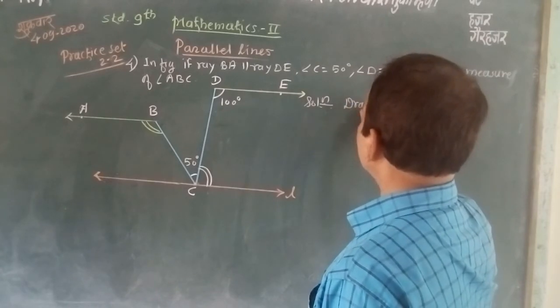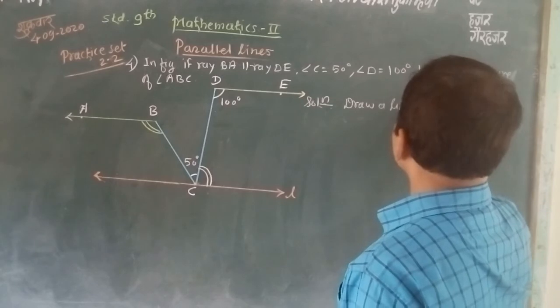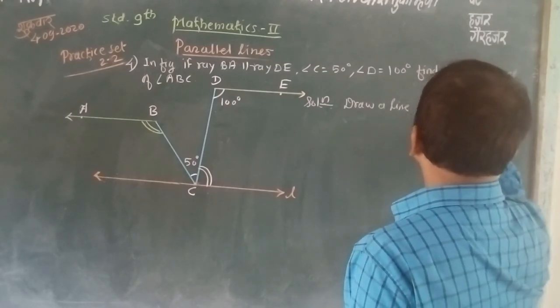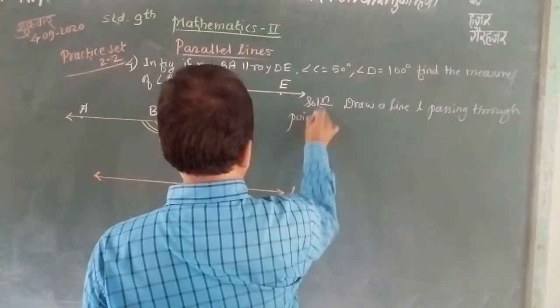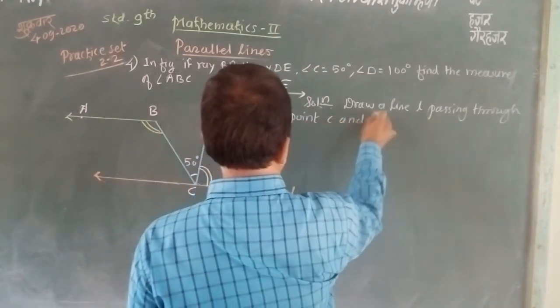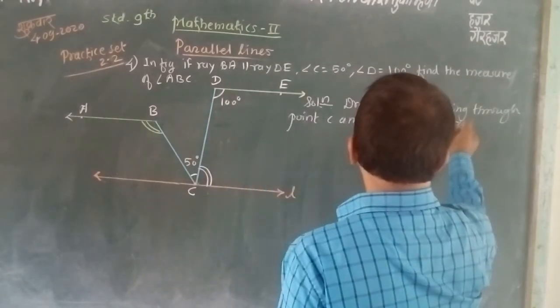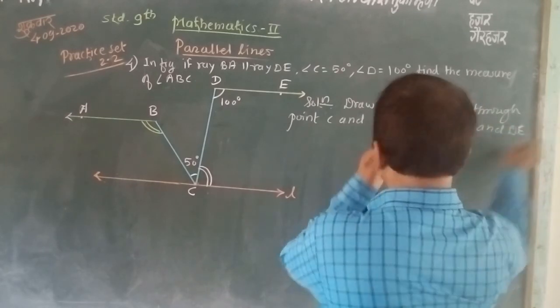First draw a line passing through point C and parallel to lines AB and DE.